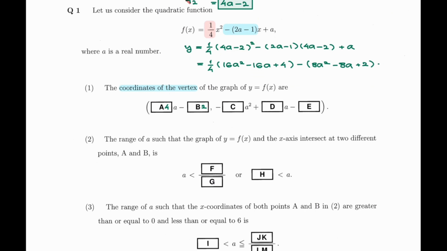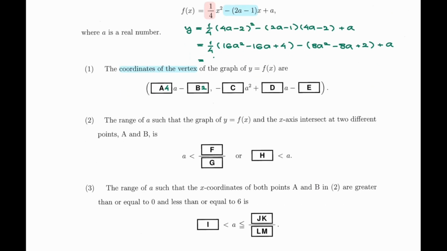Don't forget plus a for the last term. And then you can distribute 1 over 4 into the brackets. Then you will obtain 4a squared minus 4a plus 4. Once again, you need to distribute the negative sign here. You will obtain minus 8a squared plus 8a minus 2 plus a.